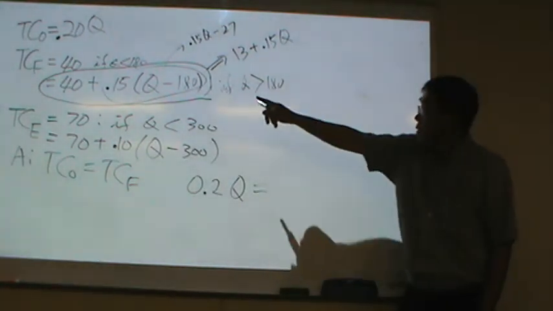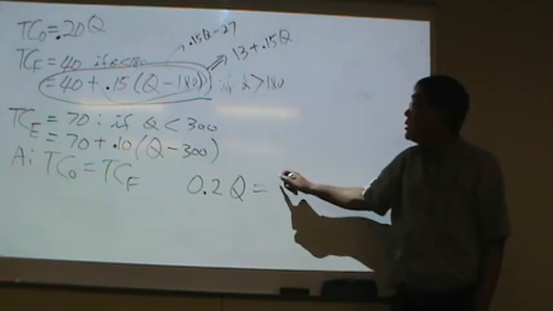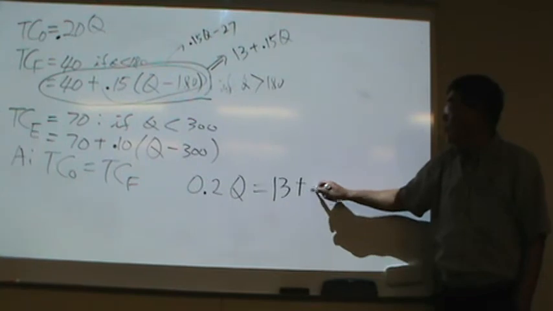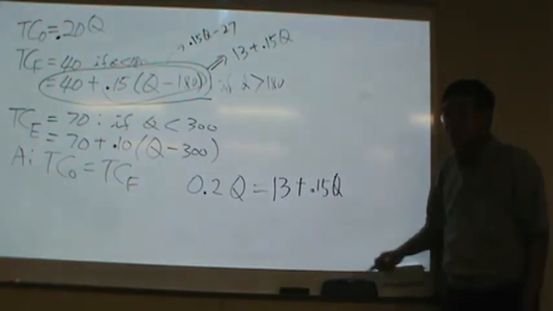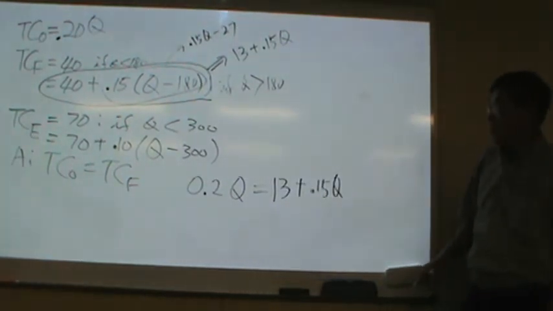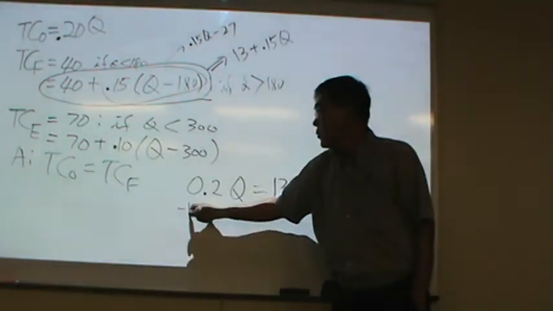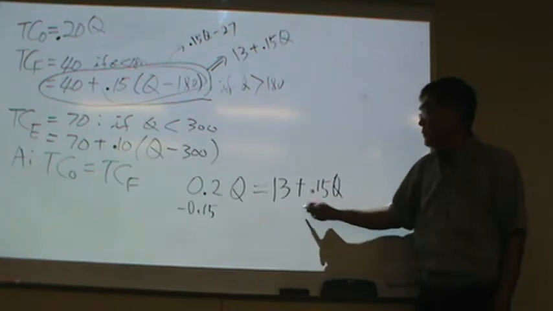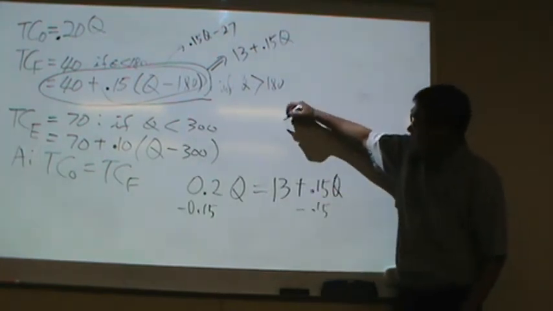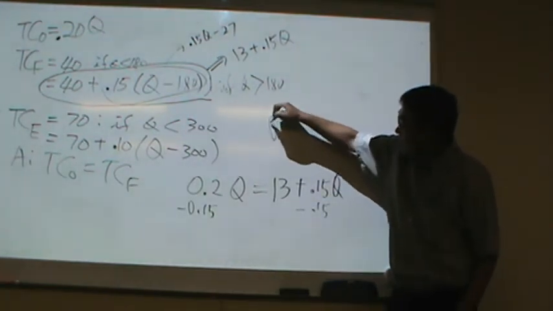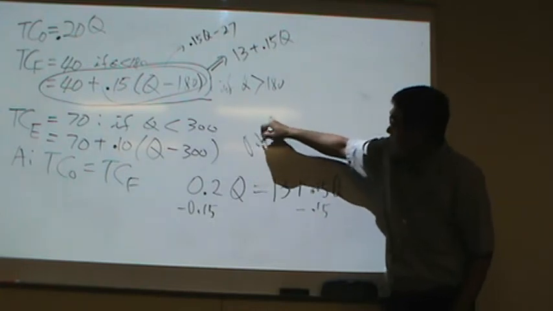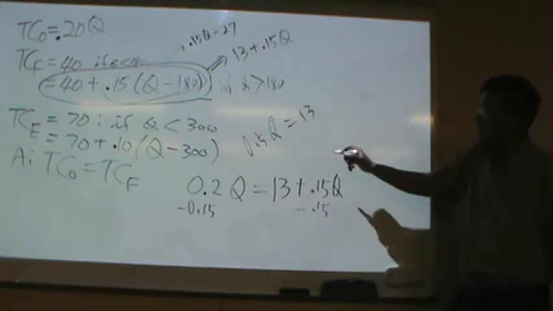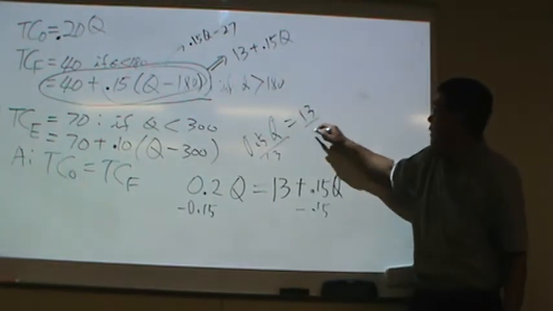So TCF is 13 plus 0.15 Q, minus 0.15 Q each side, 0.15. Then 0.5 Q equals 13. Divide by 13 each side, 0.5.